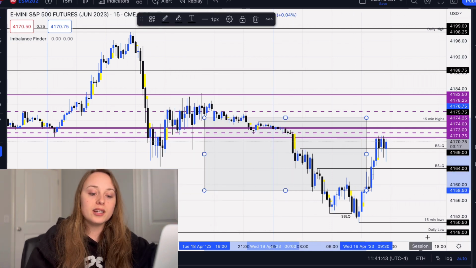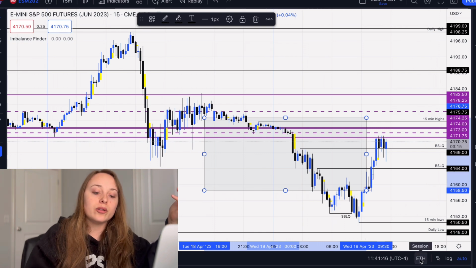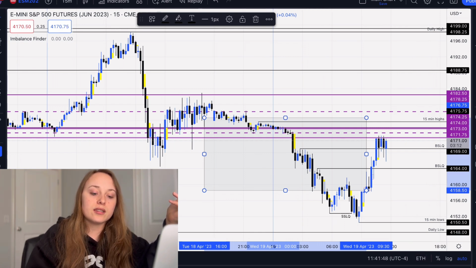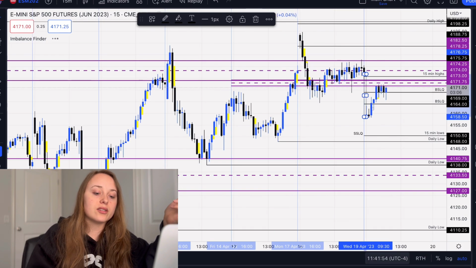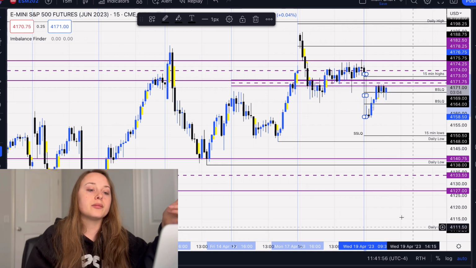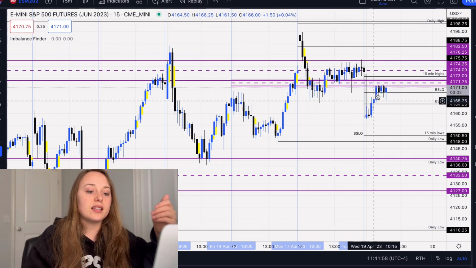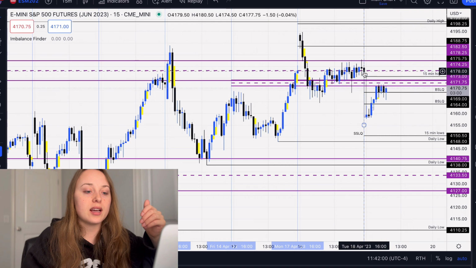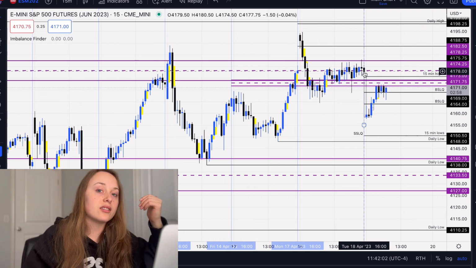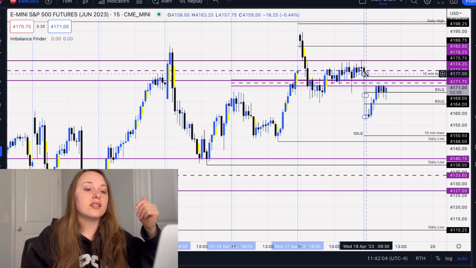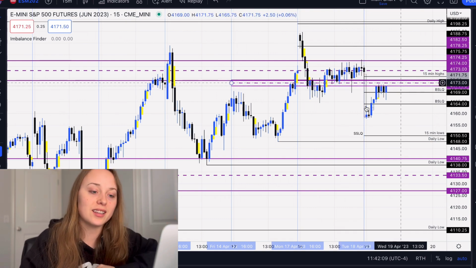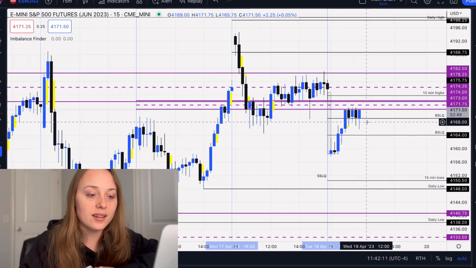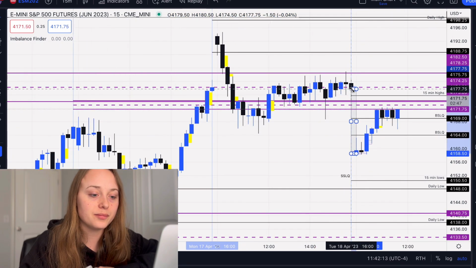What is the opening range gap? Well, when you go down here into this session, this is electronic trading hours. If we click it, it goes to regular trading hours. And basically what that means is from the time we close yesterday at 4:59 or something like that, to the time we open, I'll make a little box.